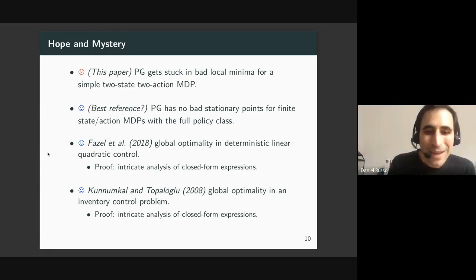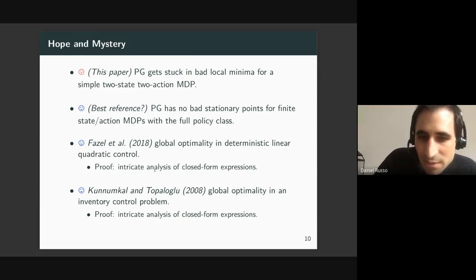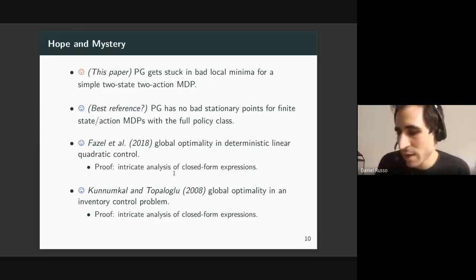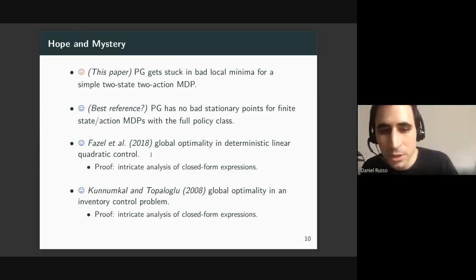And gradient descent on that subclass of policies, they show, converges rapidly to the global optimum. Now, the proof is, I think, impressive, but involves a somewhat intricate analysis of the various closed form expressions that are available in deterministic linear quadratic control. Kind of begging the question, what was special about linear quadratic control that was not occurring up in this bad example here?